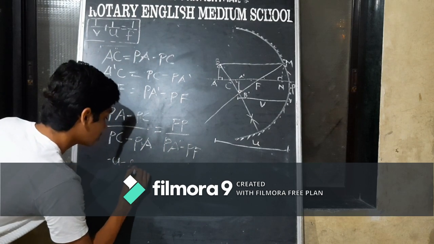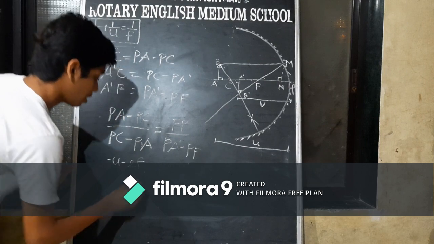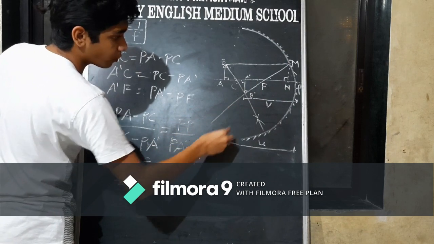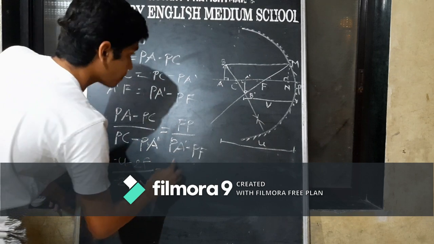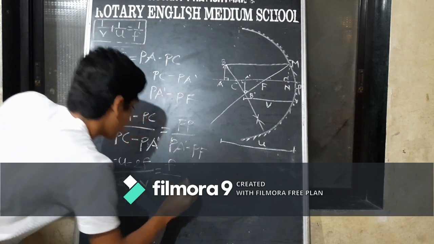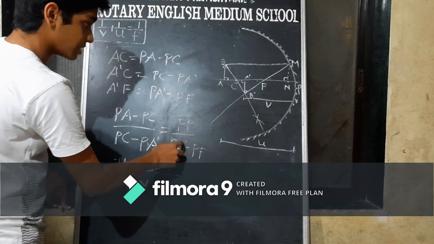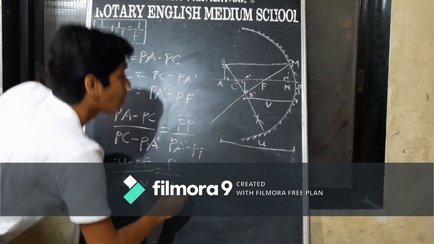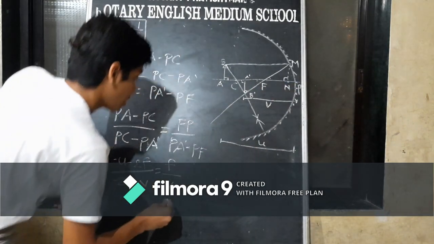So minus U minus 2f upon PA dash, which is V, and with sign it is minus V, equals FP. What is FP? FP will be the focal length upon PA dash, the image distance.